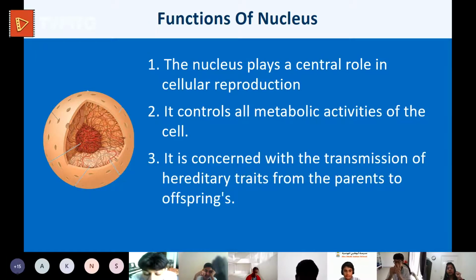And not only that, it is concerned with the transmission of hereditary traits from parents to offspring. We got the parental trait in the form of the nucleus, because DNA is present in the nucleus. Their nucleus has their DNA, their chromosome, and in this way hereditary information is transmitted from our parents to us.